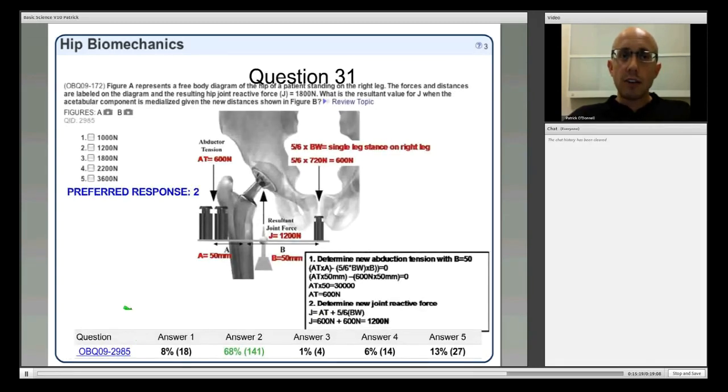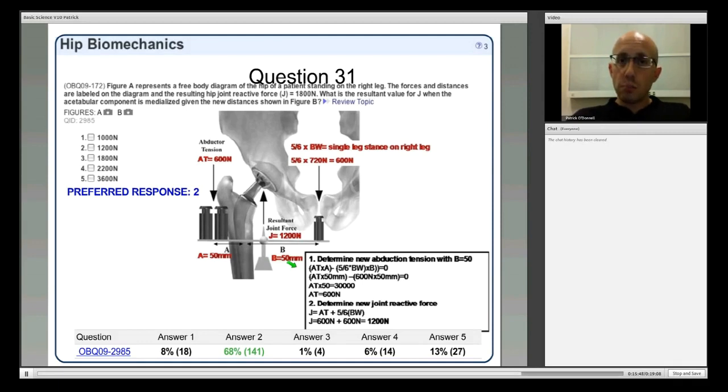The correct answer here is 2, 1200. So let's see how we get here. If we look at the bottom diagram, the first step is to determine the new abductor tension with a B of 50. Here's that first equation: AT times A minus 5/6 body weight times B has to equal 0. All the forces have to sum to 0. So if you simplify it, AT times 50 has to equal 30,000, so your new abductor tension is 600 newtons.